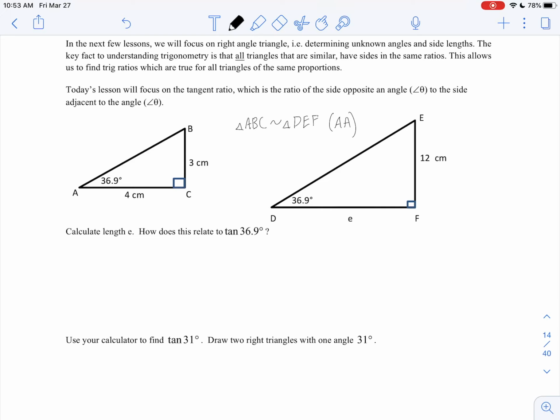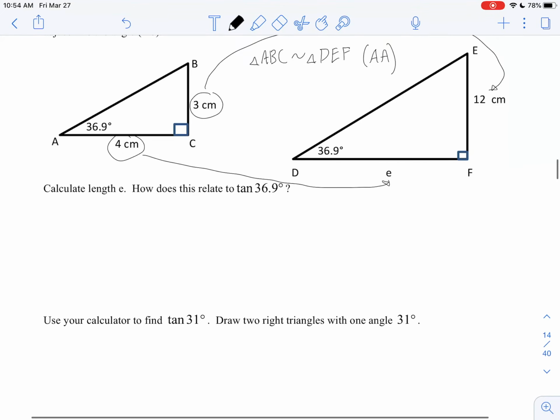So then we take a look at the side lengths, and more importantly, the ratio of the side lengths. Whatever I did to 3 to get all the way up to 12 is the same thing I'm going to have to do to 4 to get all the way up to E. That's my scale factor I was talking about before, or we can use ratios to solve that.